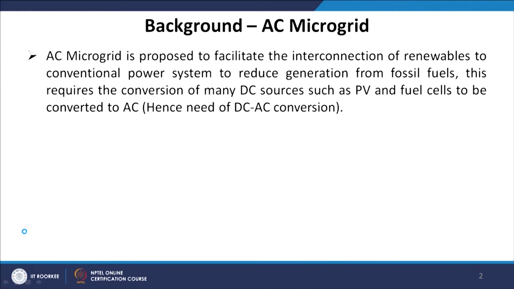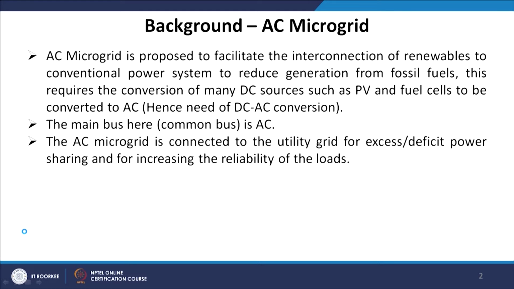The background of AC microgrid is that it is mainly proposed to facilitate the interconnection of renewables to the conventional power system to reduce generation from fossil fuels, and this requires the conversion of many DC sources such as PV and fuel cell to AC, and hence we need DC to AC conversions. The main bus in case of an AC microgrid is AC.